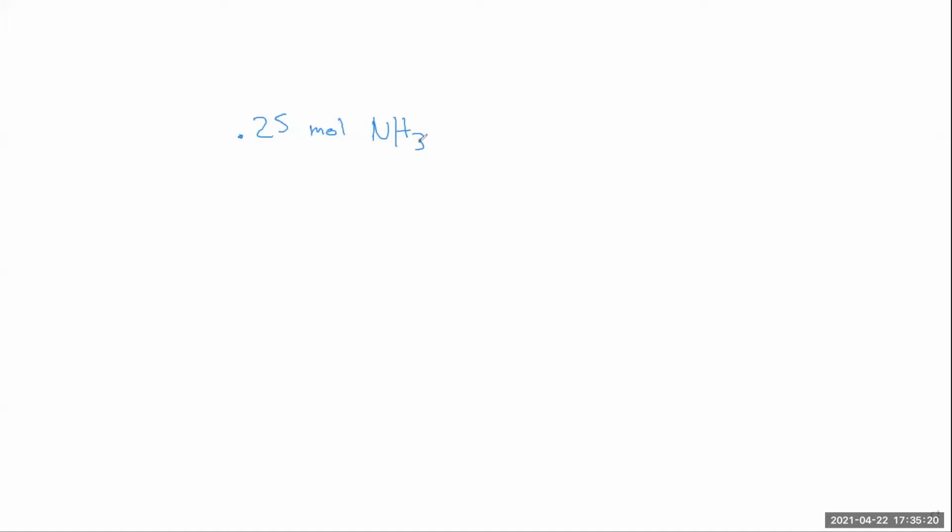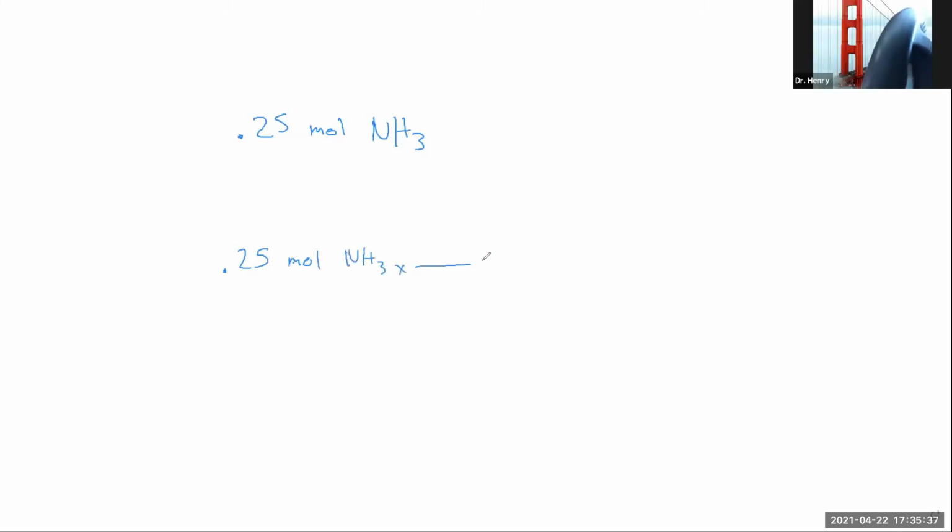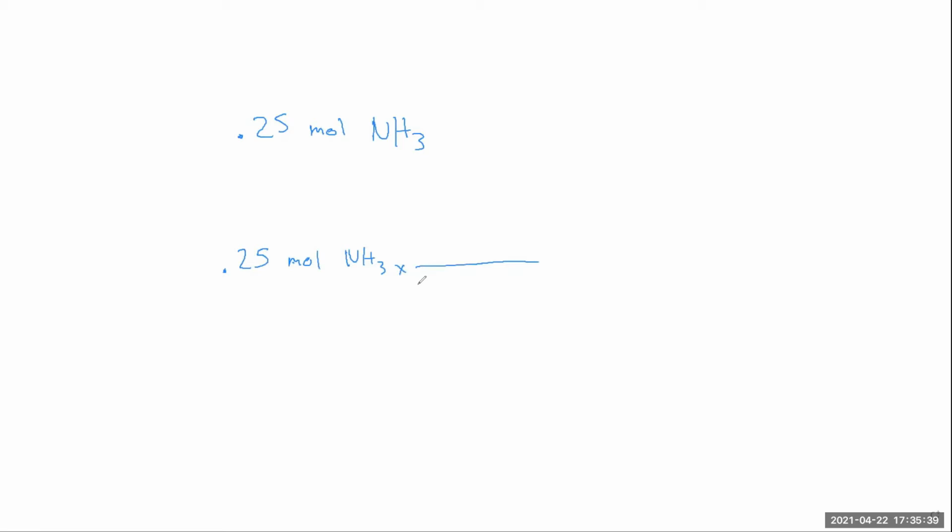Would you have it divide by 6.022 times 10 to the 23rd? Yeah. So we can start off with 0.25 moles of ammonia, then we can divide it or put it on the bottom.